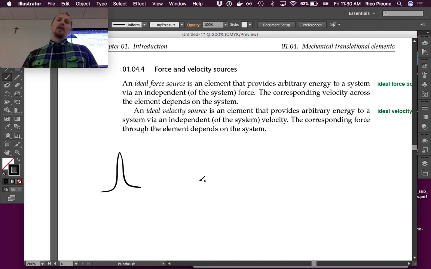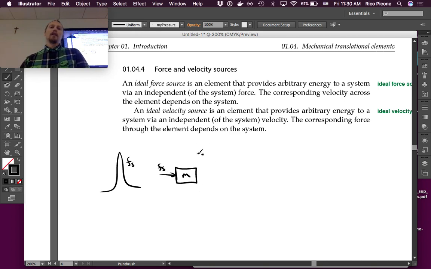Say it's impacting some object, and that object has some mass to it, so we'll model it as a point mass, which sometimes we draw a box for it, mass, and then it has some force input, which we'll say is Fs, our input, and we might want to know what the velocity of the mass would be on the output.